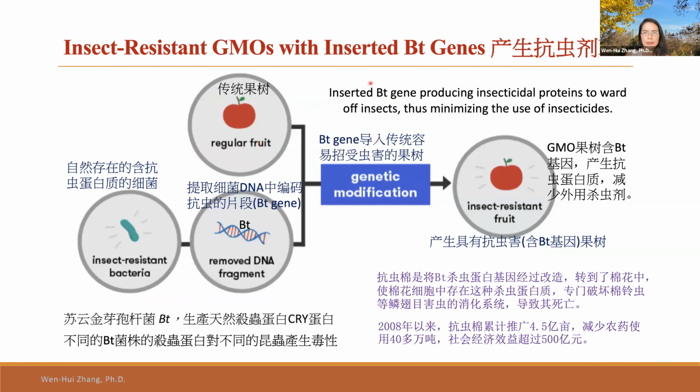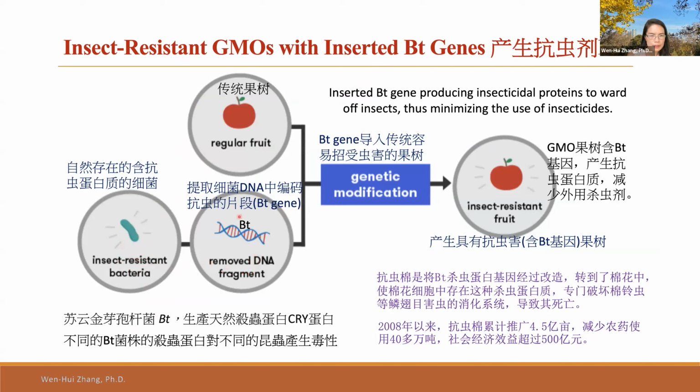And how do we generate insect resistant GMOs? This insect resistance gene is from bacteria in the soil. So you cut out the DNA from the bacteria in the soil with the insect resistance.